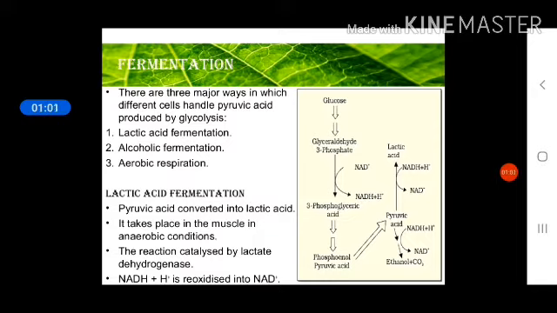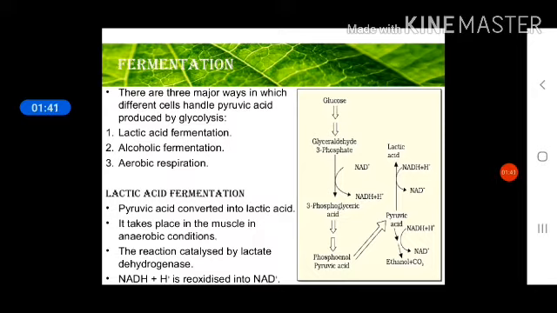In lactic acid fermentation, the pyruvic acid is converted into lactic acid. It takes place in the muscles in anaerobic conditions. When this condition appears during vigorous contraction of the muscles or during vigorous exercise, our muscles do not get sufficient oxygen supply, due to which the glucose present there will be converted into lactic acid through lactic acid fermentation.